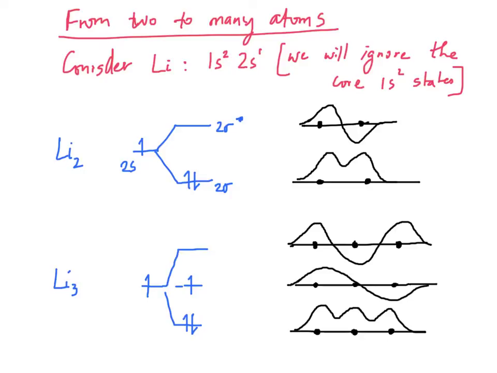Okay, so let's take a look at these 3 molecular orbital pictures. Let's look at the bottommost one, which is easiest to understand. That corresponds to the bonding combination of all 3 of the lithium 2s atomic orbitals. Because it's a bonding combination, you have accumulation of charge density at the 2 different bond centers. Note that these 3 dots here are the positions of the 3 lithium atoms.